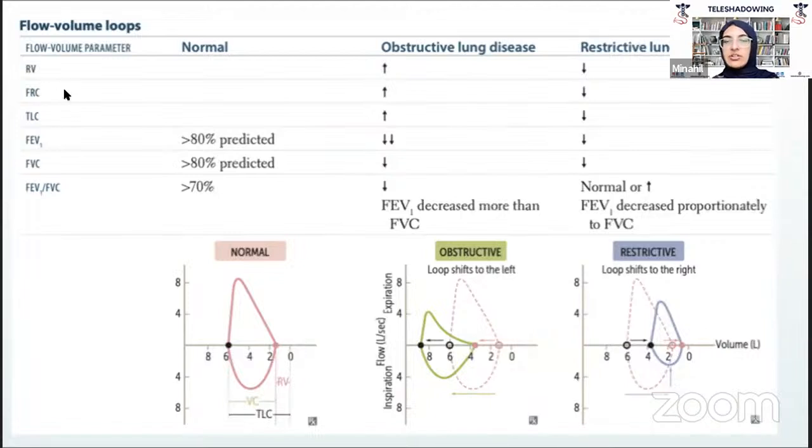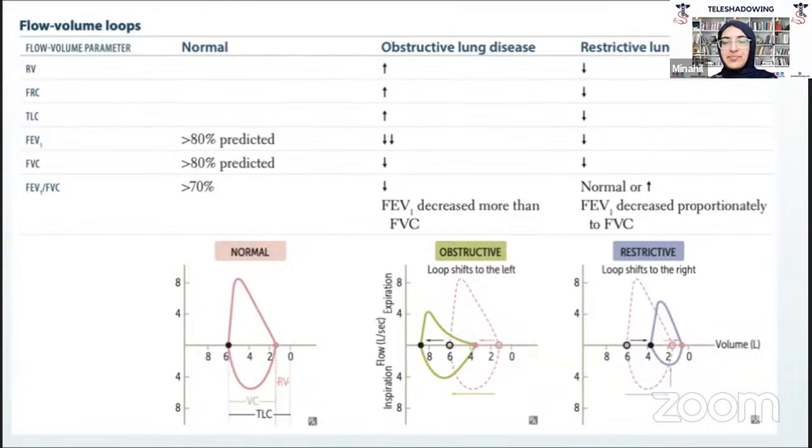FRC stands for functional residual capacity, which is the volume of air present in the lungs at the end of passive expiration, when passively breathing out. TLC stands for total lung capacity, of course, and that is the maximum volume of air the lungs can hold. I'm just reviewing this from last week's material, which I cover more in depth in last week's video if you want to refer back to it.